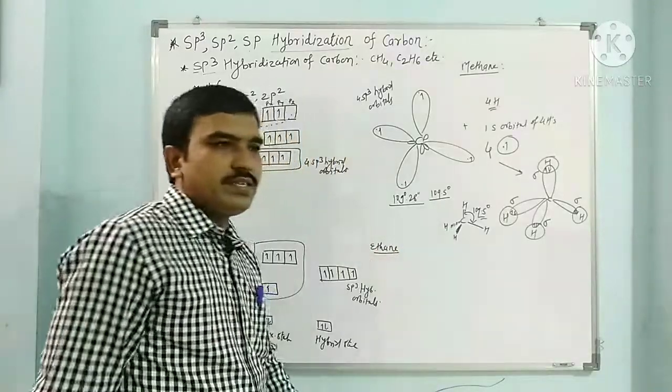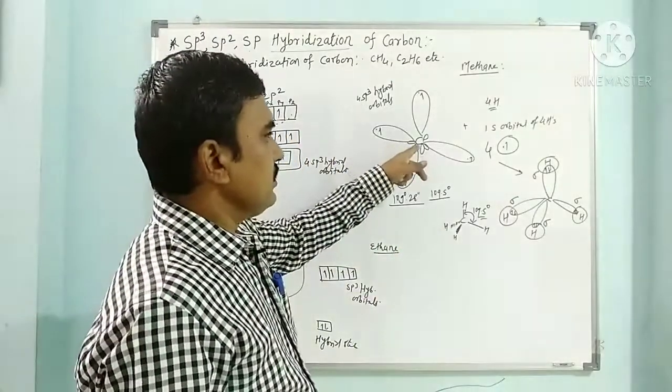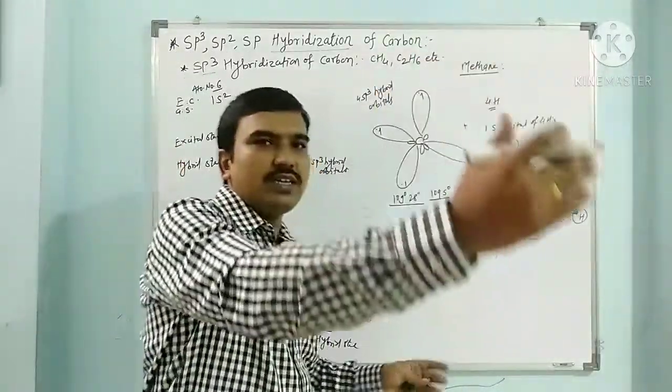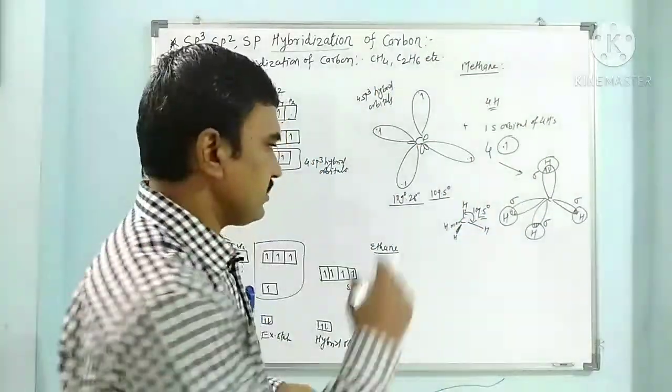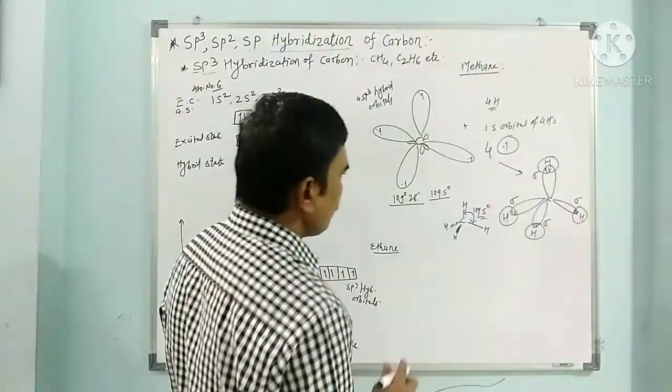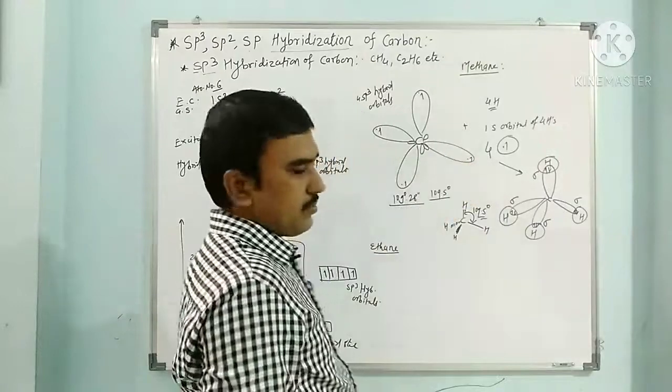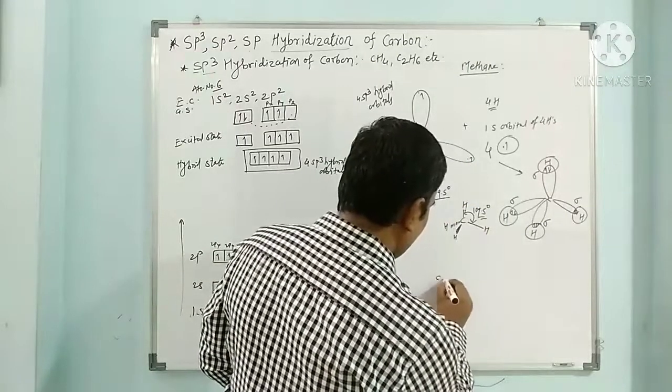the only difference is that here this carbon is having sp3 hybridization. Now it reacts with another carbon which is also having sp3 hybridization. So in the ethane molecule, these are the 2 carbons, and this one overlaps with the other carbon.